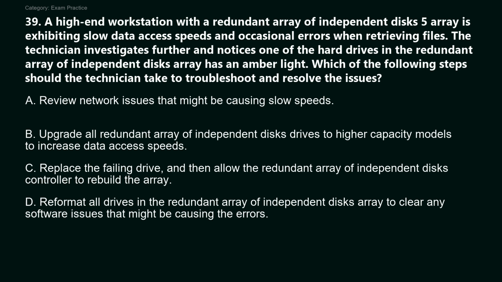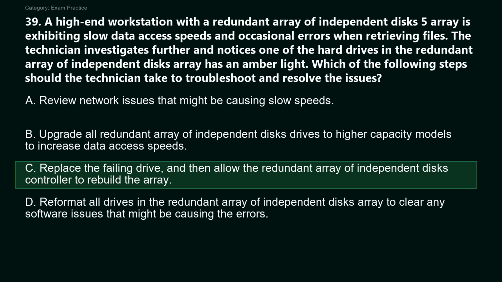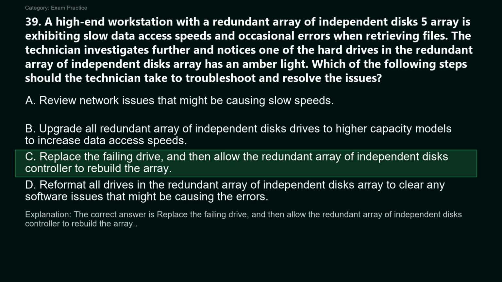Option C, replace the failing drive, and then allow the redundant array of independent disks controller to rebuild the array. Option D, reformat all drives in the redundant array of independent disks array to clear any software issues that might be causing the errors. The correct answer is option C, replace the failing drive, and then allow the redundant array of independent disks controller to rebuild the array.